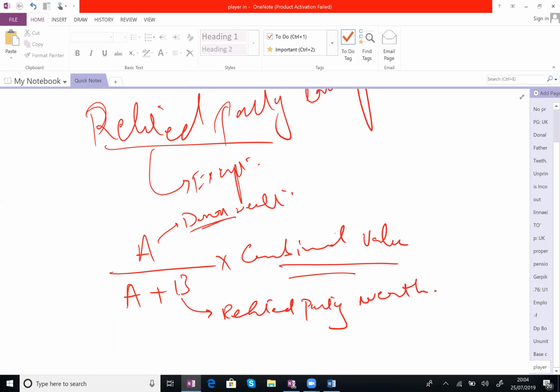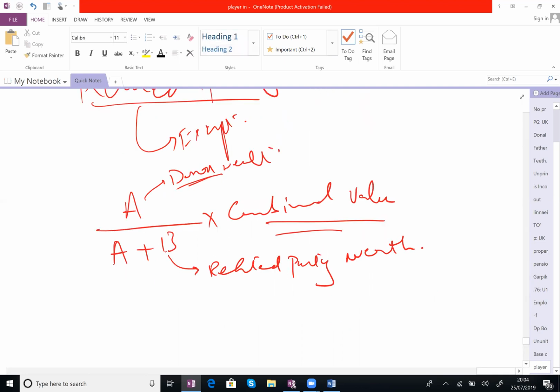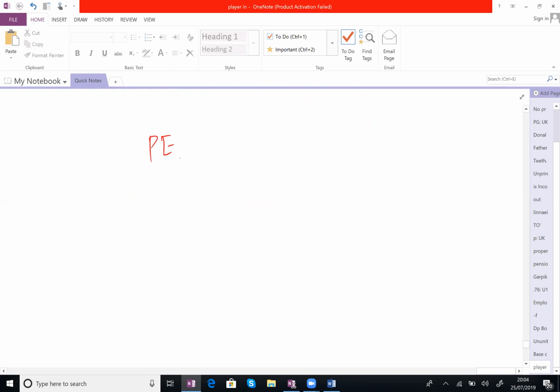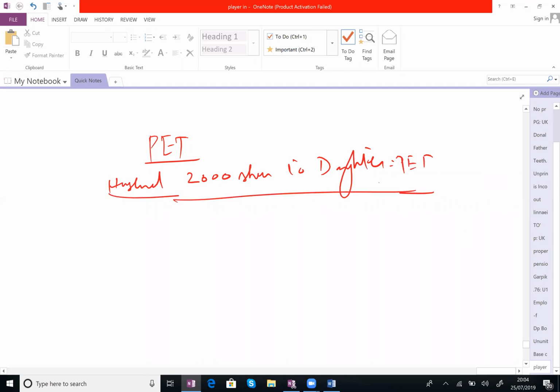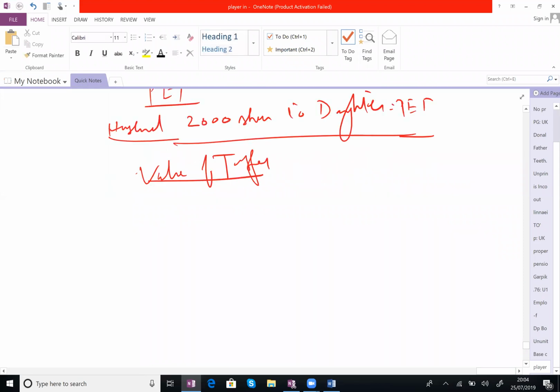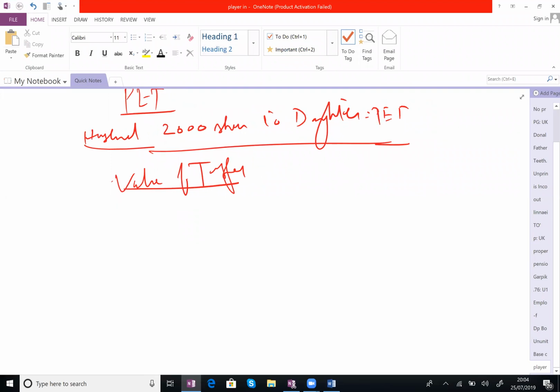So how do you compute the value of the PET? The husband is gifting 2,000 shares to the daughter. That is a PET, a lifetime gift. How do you calculate the value of transfer of this PET? The value of transfer is calculated using the related party rule.